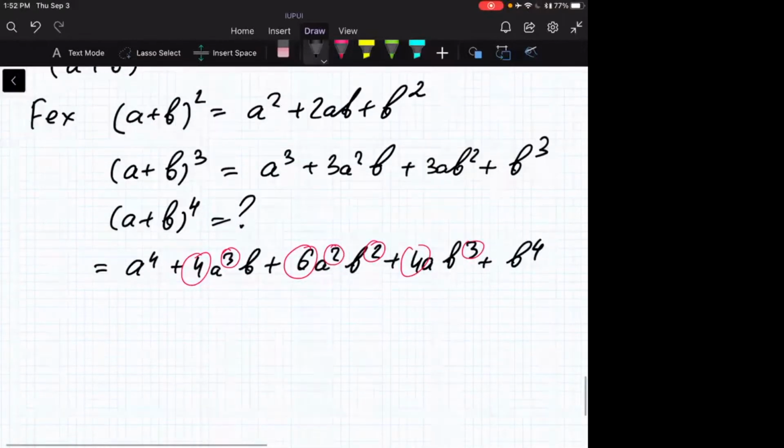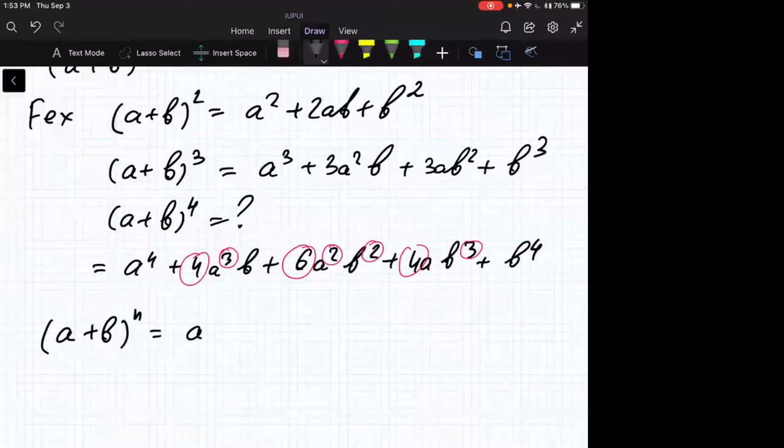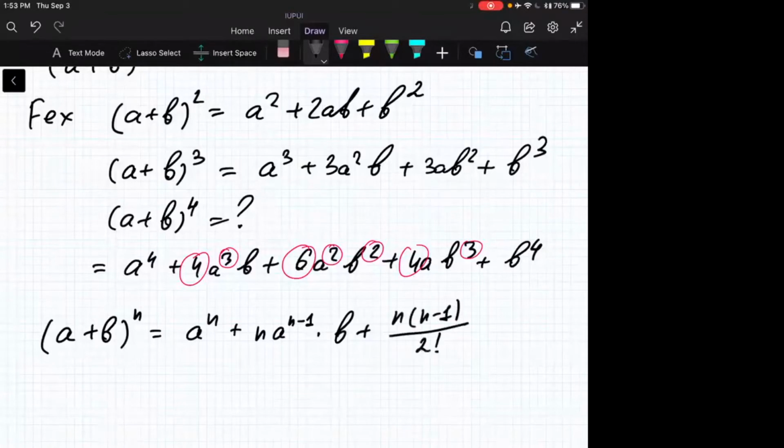And this binomial theorem says the following, that a plus b to the power n is equal to a to the power n plus n a to the power n minus 1 times b plus n times n minus 1 divided by 2 factorial a to the power n minus 2 b squared and plus so on, and plus b to the power n.